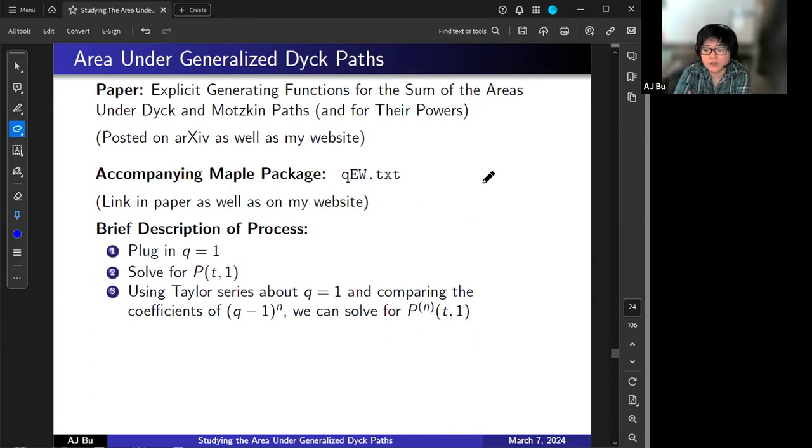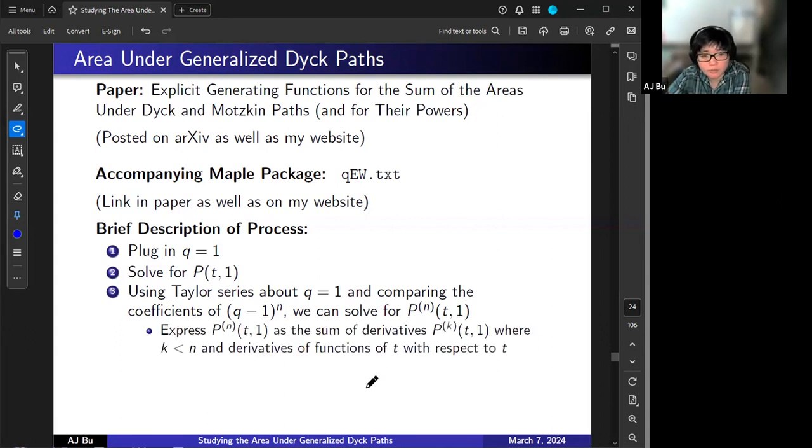So a brief description of the process of how we go about finding our desired derivative is, first, we're going to plug in q equals 1, and that's going to allow us to solve for P of t1. And then we're going to use the Taylor series about q equals 1 and compare the coefficients of q minus 1 to the n to solve for Pn of t1, so the nth derivative.